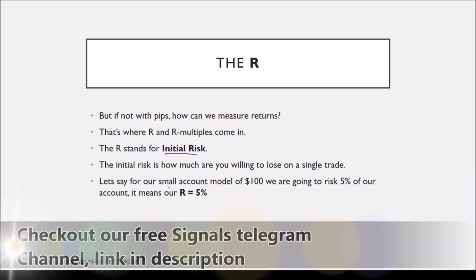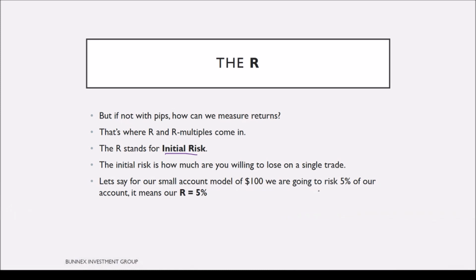Let's say for our small account model of $100, we are going to risk 5% of our account, and this means our R will be equal to 5%. This is in terms of percentage, and in terms of monetary value, this can be equal to $5.